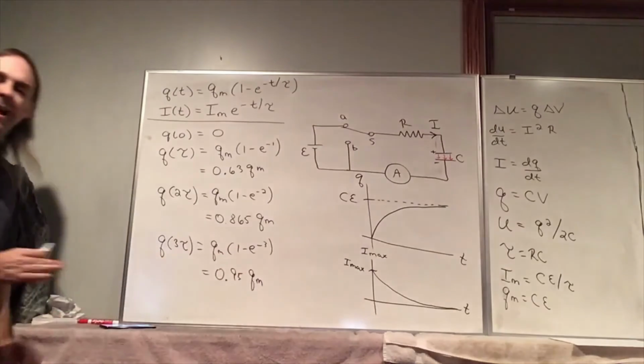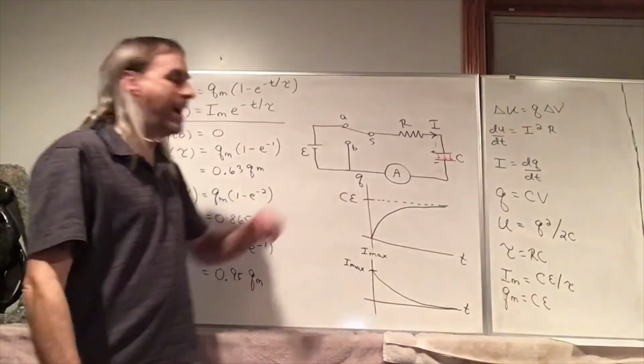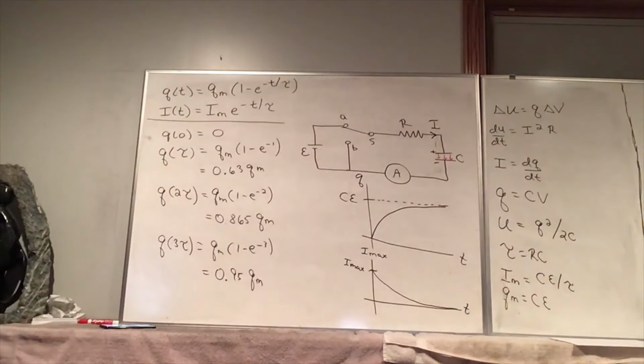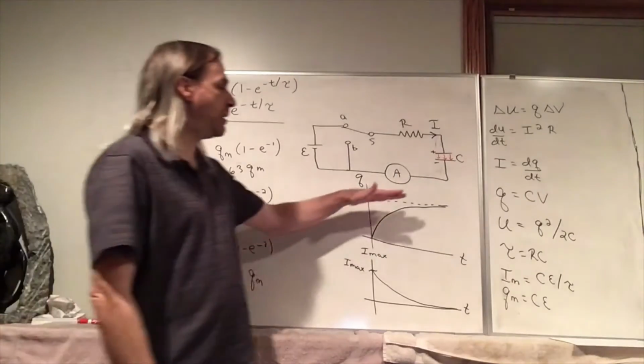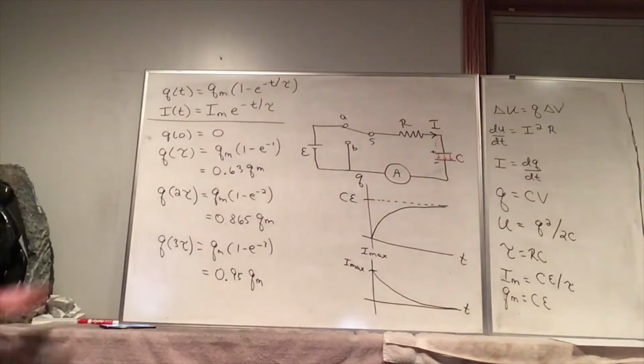So after 3 time constants, you're 95% of the way to your maximum charge. Typically after 3 time constants, you can just say you're there. That's a good rough estimate of how long it's going to take to get to where the current stops and the capacitor is fully charged. 3 time constants is 95%.